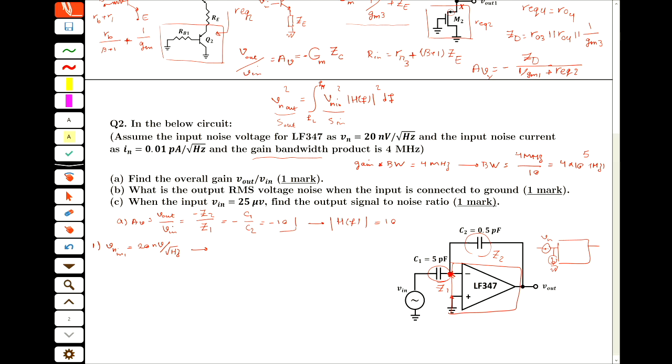Okay. So then Vn out 1 squared equals Vn in 1 squared times H(f) squared times the integral from DC to 400k df, which is f2 minus f1 simply.